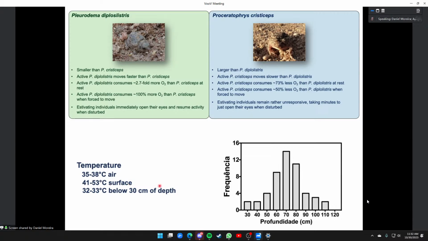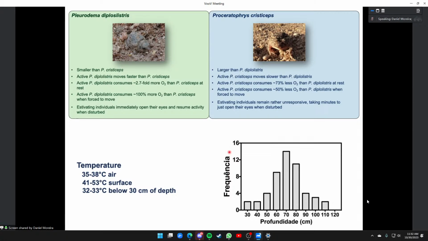But as we recorded temperature at different depths, we see that it is very stable around 32 to 33 degrees Celsius from 30 centimeters to 1 meter and 20 centimeters.